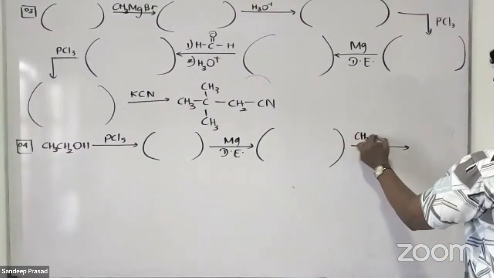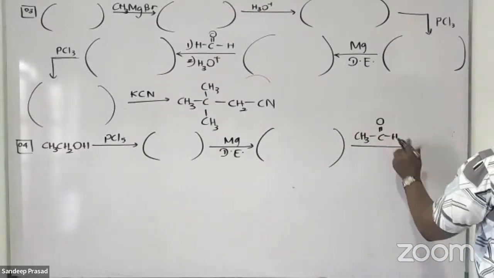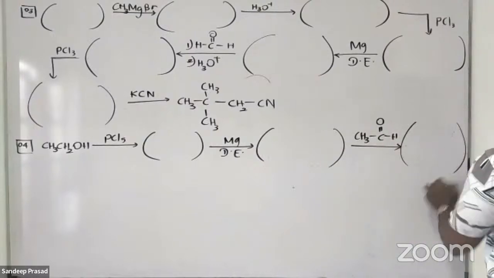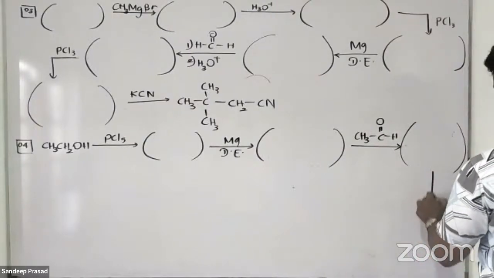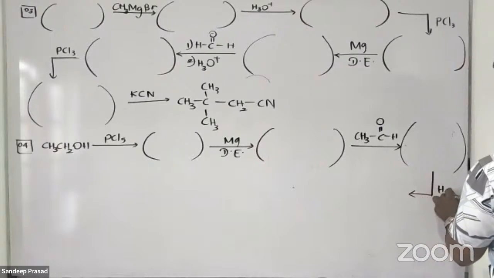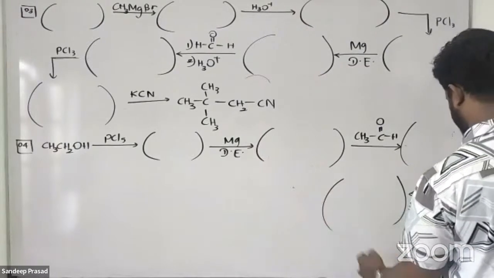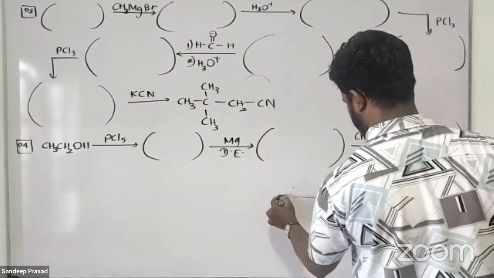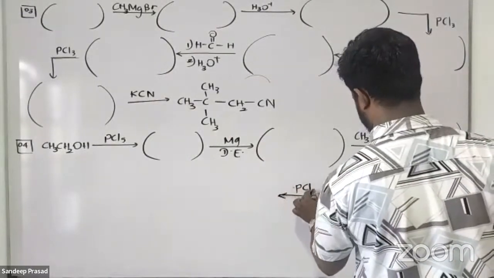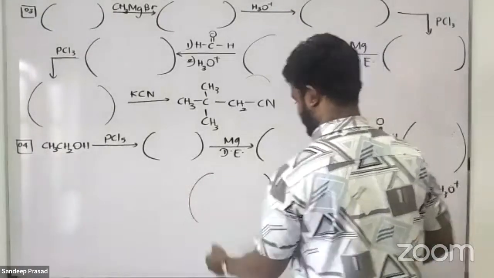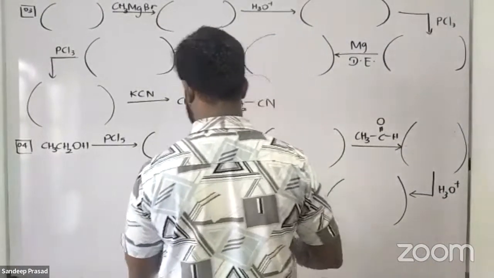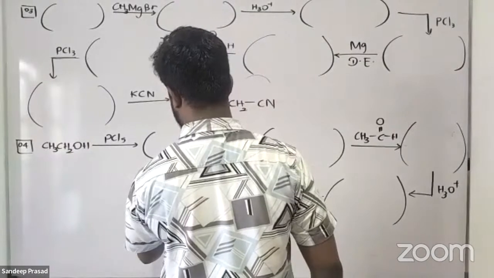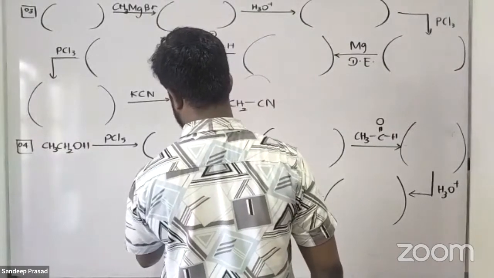And CH3 C double bond O H. H3O plus is added. PCl5. And KCN is added.